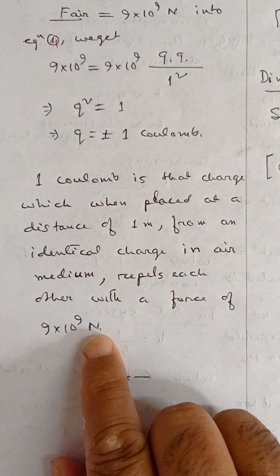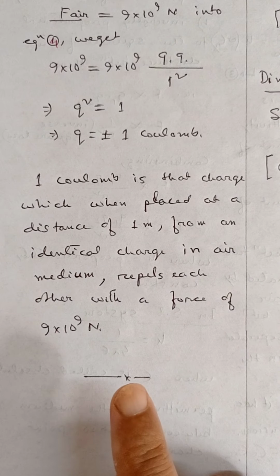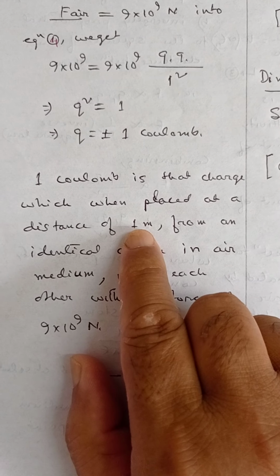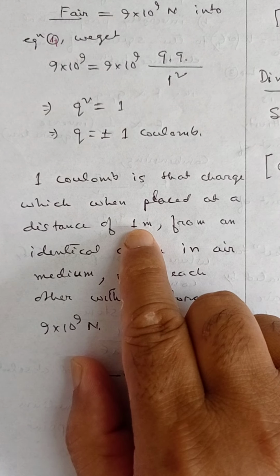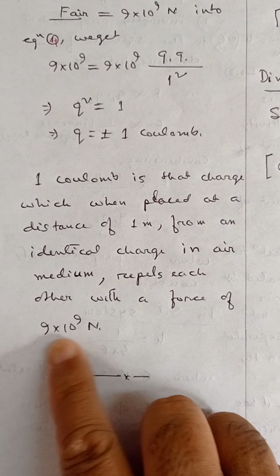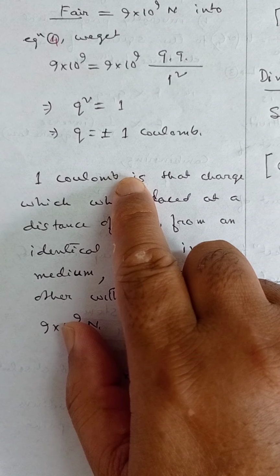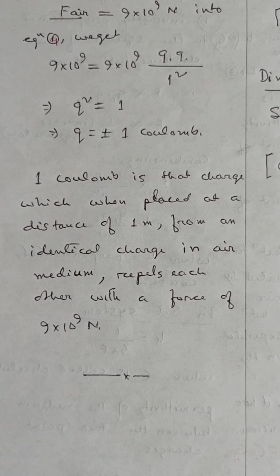That means if two identical charges placed at a separation of 1 meter in air medium repel each other with a force of 9 into 10 to the power 9 Newton, then the charge on each body is said to be 1 coulomb. Okay?